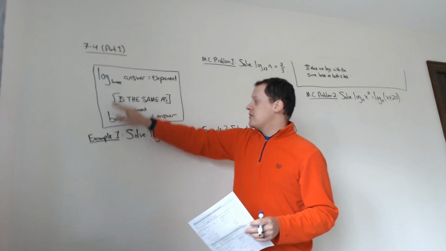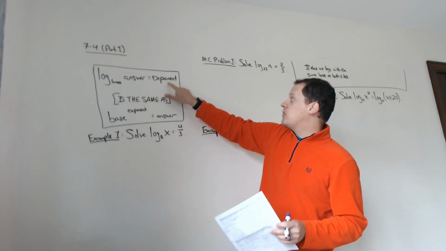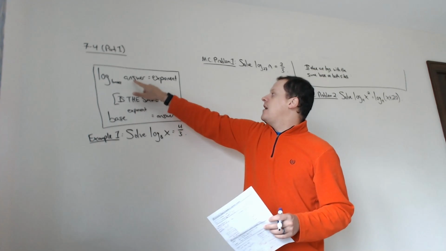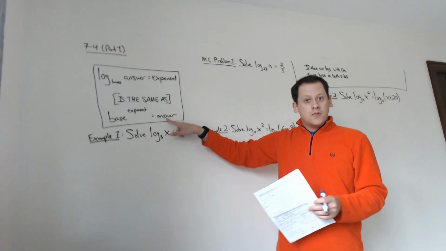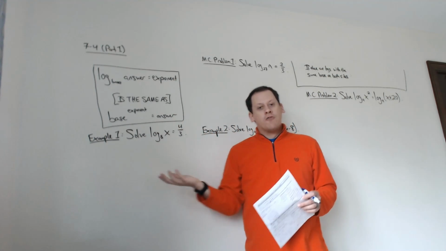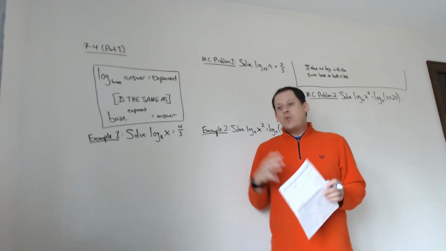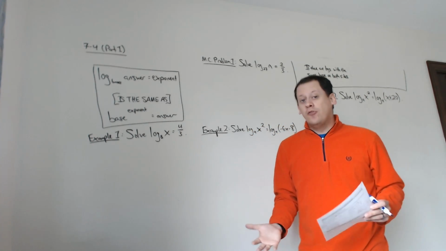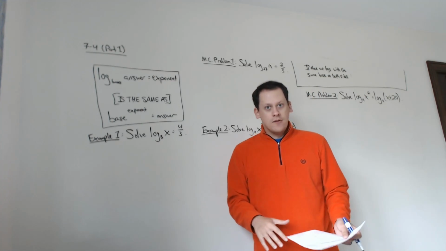We take the base of the log, we raise it to whatever this number is, or expression, and then whatever is there goes here. And we dealt in the last section with how to go from one form to the other, and we even talked about how that might be helpful when solving particular problems.